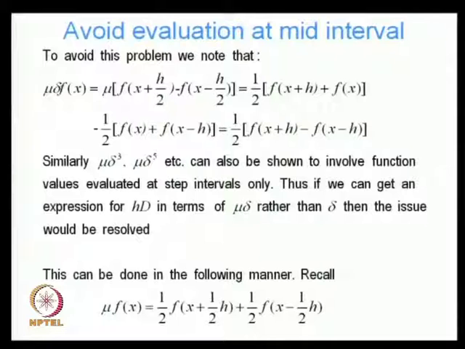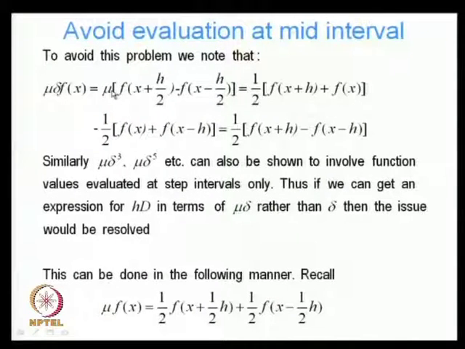To avoid this problem, we note that mu delta f of x, that is, if we apply the central difference operator first on a function and then apply the average operator mu, then what do we have? If we apply delta on f, we get f of x plus h by 2 minus f of x minus h by 2.